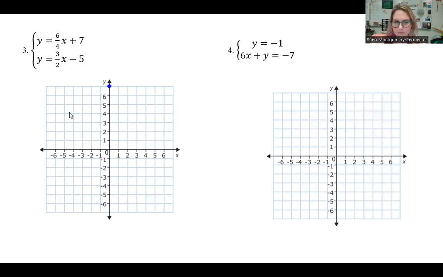Sure, I'll do that then. So down 6 and then over 4. And I could do that again, down 6. Yeah, it'd be like right there. So I could connect these dots.